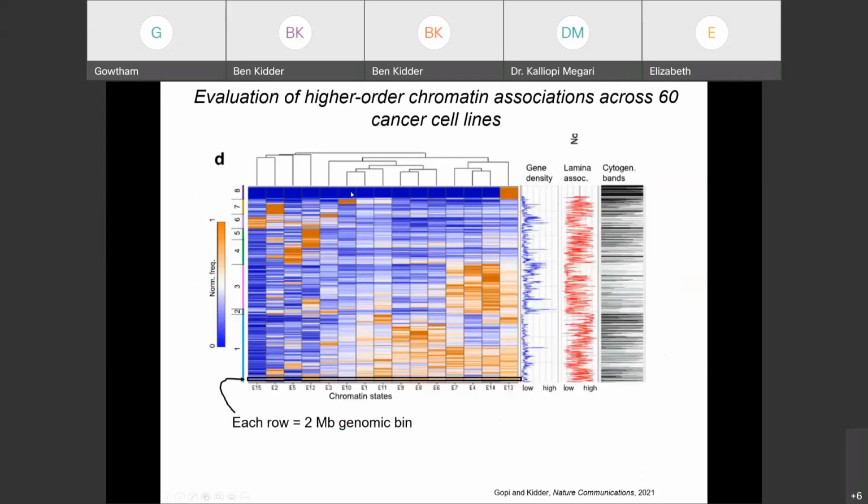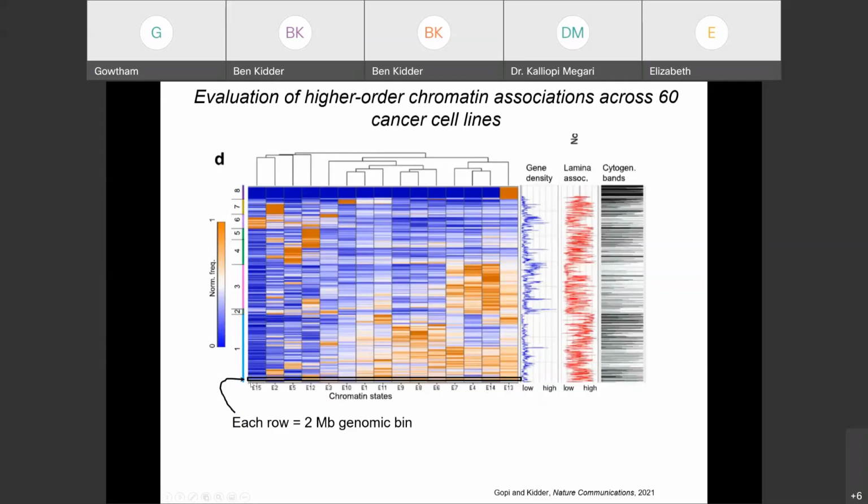Beyond the initial chromatin state mapping, we can look at higher order chromatin associations across these 60 cancer cell lines. This is a semi-complicated plot, but again it's the 15 states on the x-axis, and the y-axis is looking at 2 megabase genomic bins.